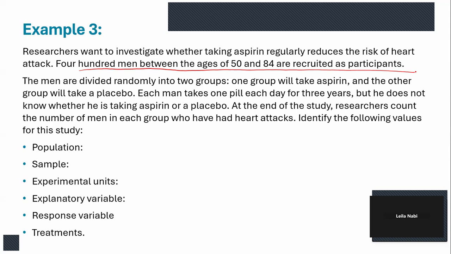So that medication, that pill, is the explanatory variable. And the response variable is the chances or the risk of having a heart attack. And the treatment is the aspirin.